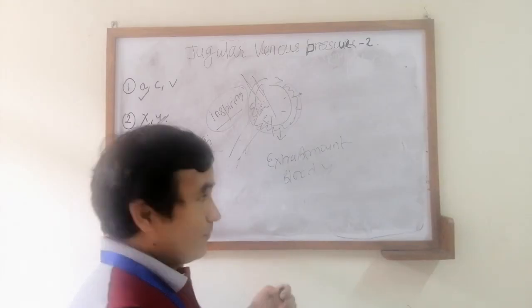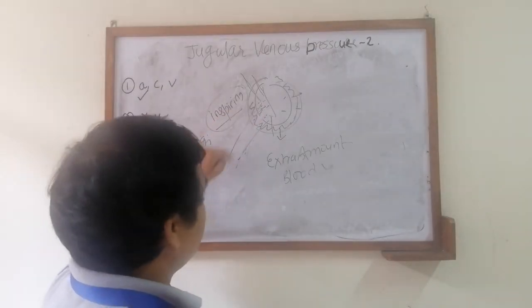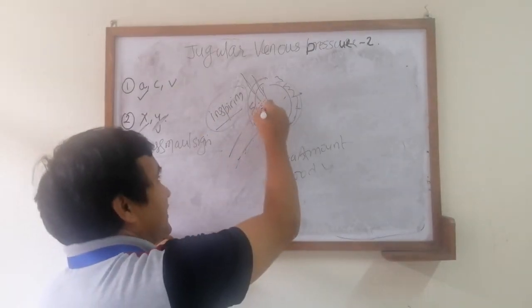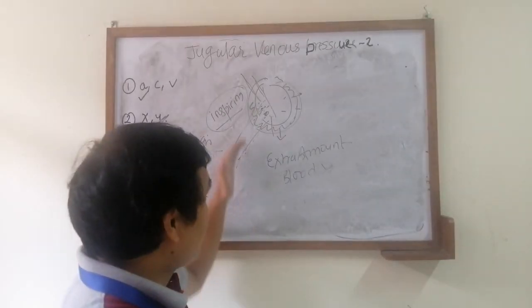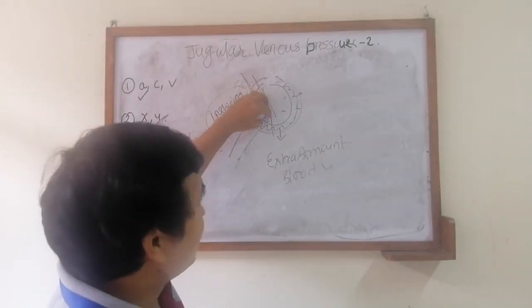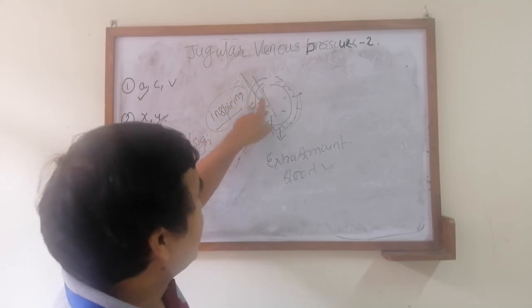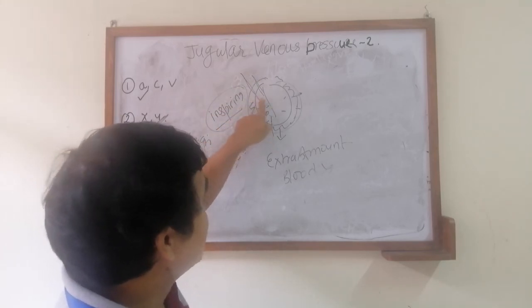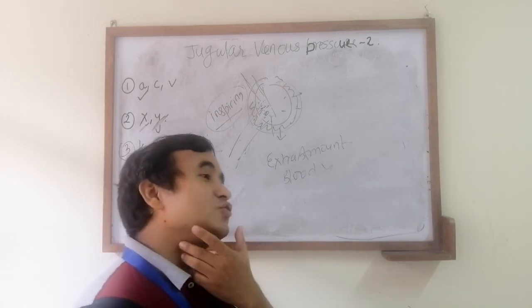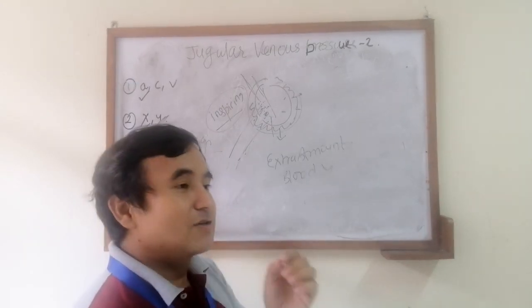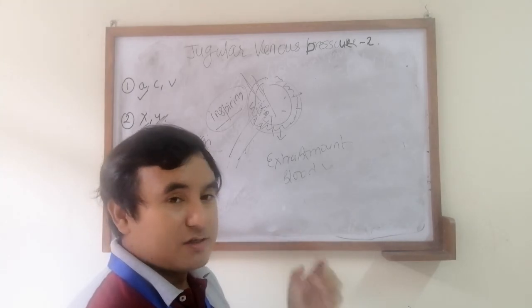Then definitely it will increase the pressure in the right atrium and there will be no drop in the jugular venous pulsation. This is called Kussmaul sign positive.